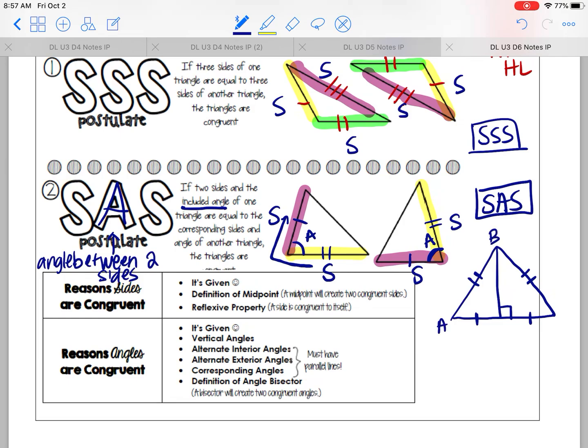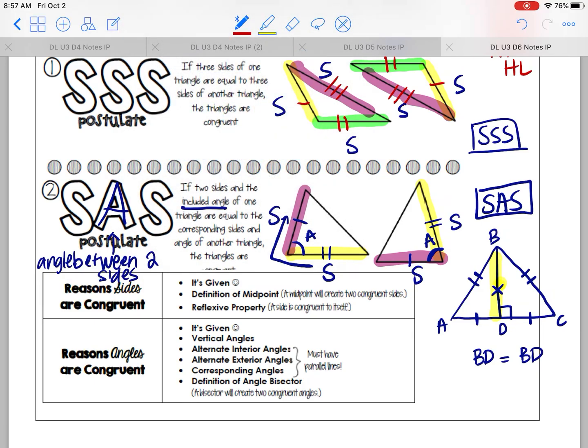Then I'm going to label these A, B, C, D. Then you can conclude by the reflexive property that BD is going to be equal to BD because BD is equal to itself. And that's going to give you an extra pair of sides. I always like to put the X to indicate that that's for the reflexive property. And again, the reflexive property gives me an extra pair of sides.